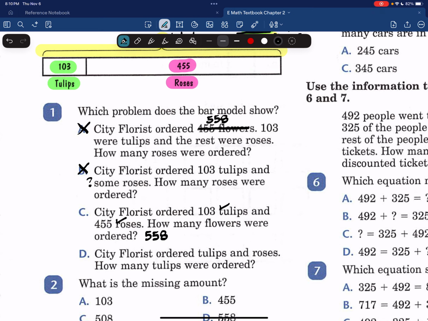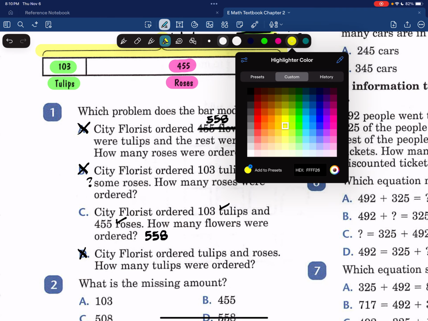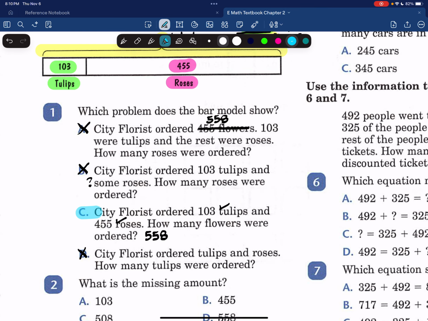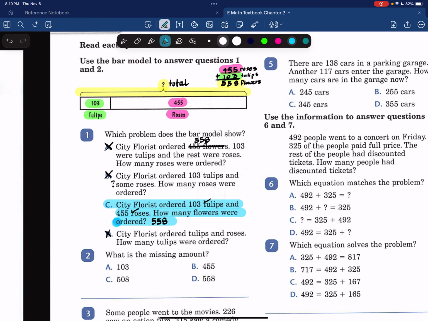How many tulips were ordered? We don't have to work for that information. That number is given to us. So the bar is showing us this story. It's telling us about this scenario. C. You're picking the story that goes with the picture.